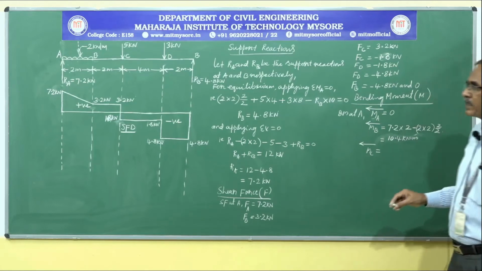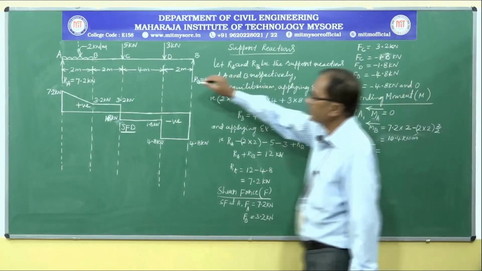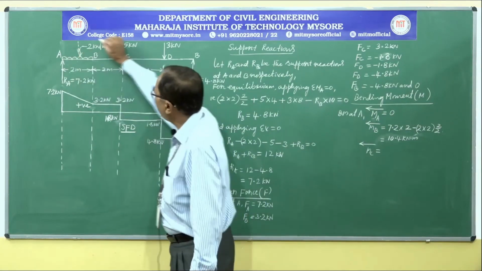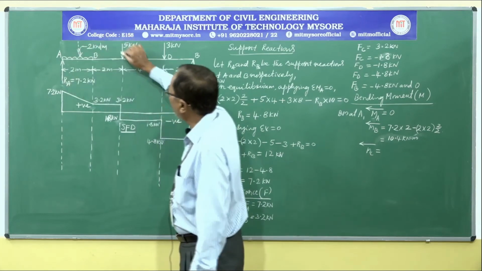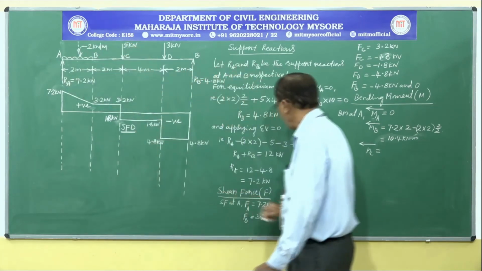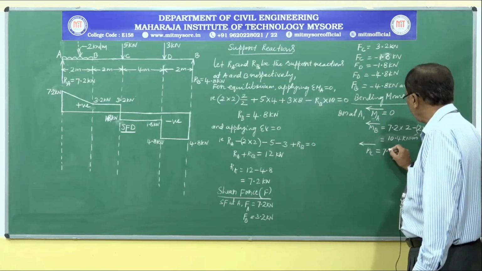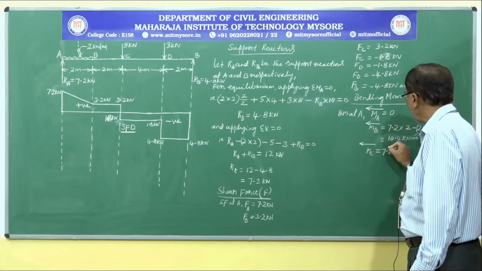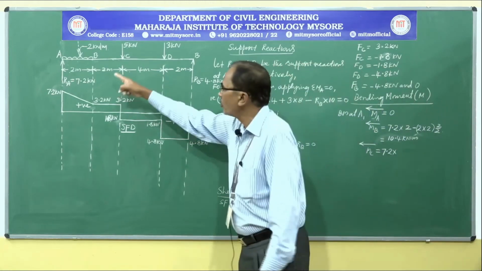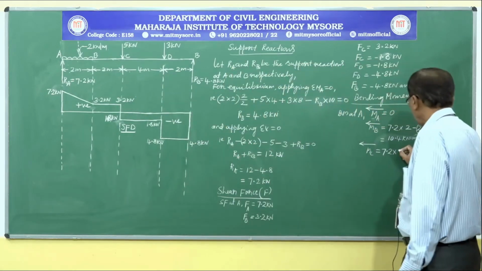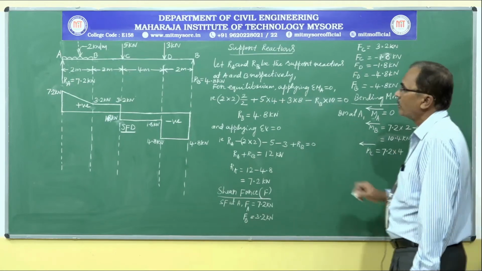At point A the reaction is acting and this reaction creates a clockwise moment about point C, hence positive, that is plus 7.2 into the perpendicular distance, which is 4 meter.